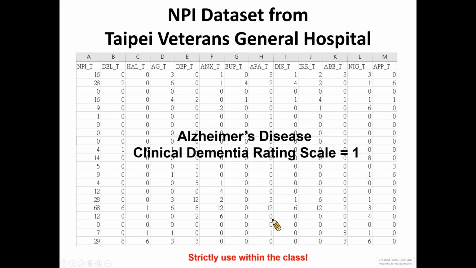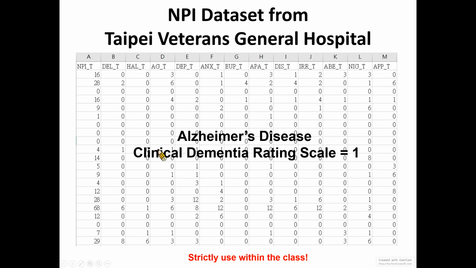So I provide 30 patients with Alzheimer's disease and also specifically confine the case to the mild dementia or mild Alzheimer's disease, which is a rating of 1 in the Clinical Dementia Rating scale.